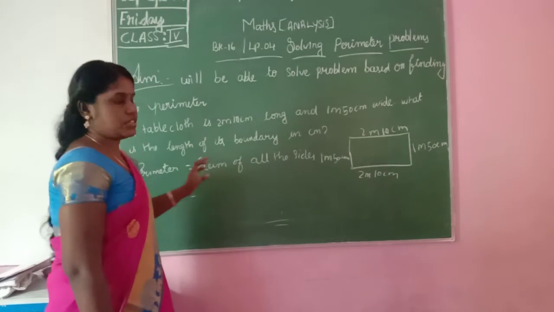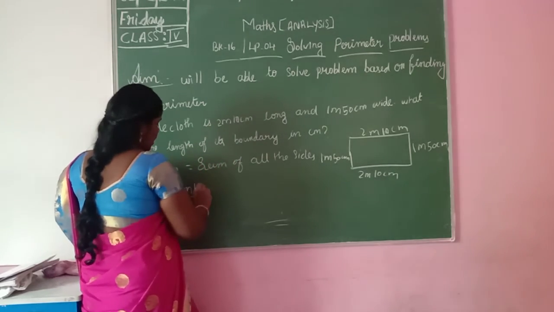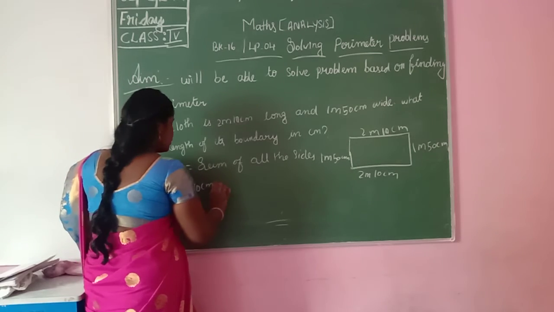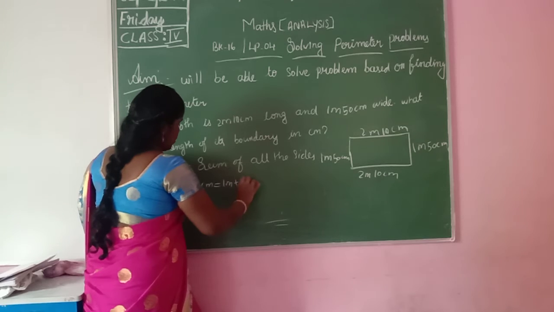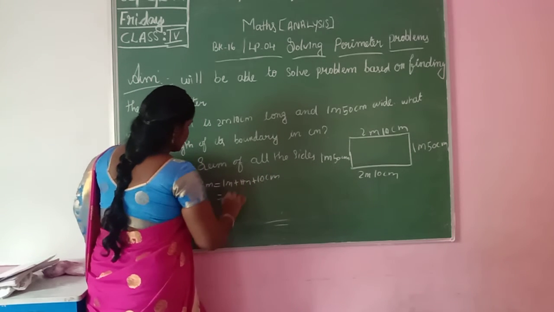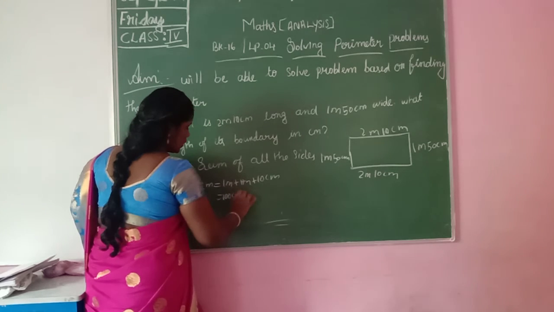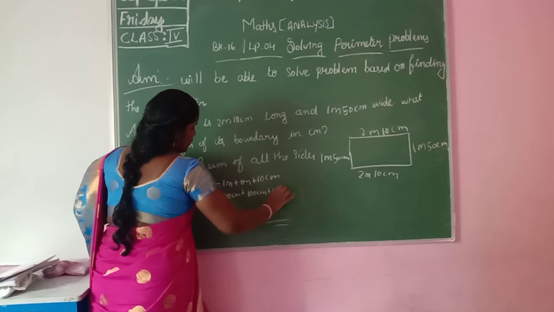We need to convert 2 meter 10 centimeter to centimeter, which means 2 meter we can write as 1 meter plus 1 meter plus 10 centimeter. And 1 meter is equal to 100 centimeter, so 100 centimeter plus 100 centimeter plus 10 centimeter.